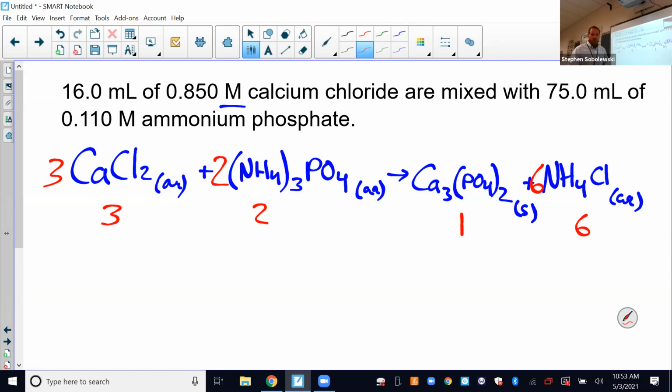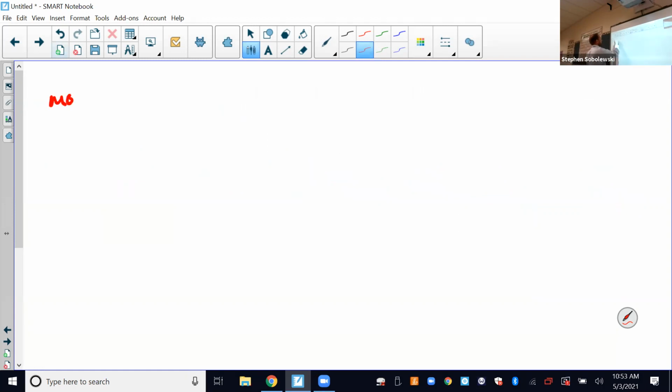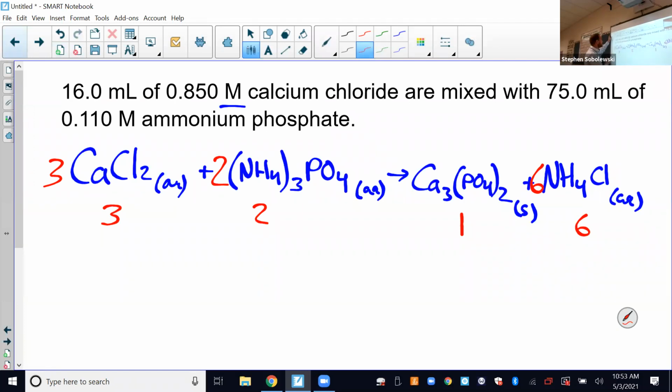Now this would normally be the point where you need to take both starting masses, turn them both into moles, and plug both numbers in. Well, now we don't have masses, but we have volumes and molarities for each of them. So 16.0 milliliters and 0.850 molar. Remember, moles equals molarity times liters. So for this first one, my molarity is 0.850 moles per liter, and I have 16.0 milliliters.